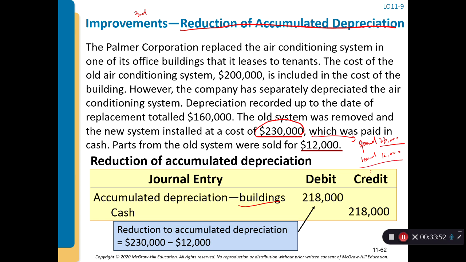So hence the net spending on the new should be $218,000, right? And hence the cash is the same thing. Cash is credited out $218,000, and this part reduces the building's accumulated depreciation.